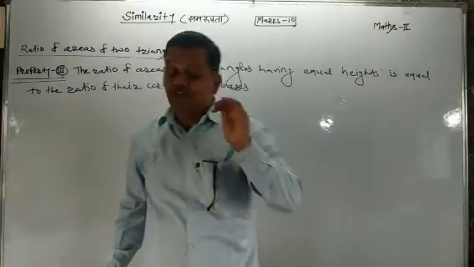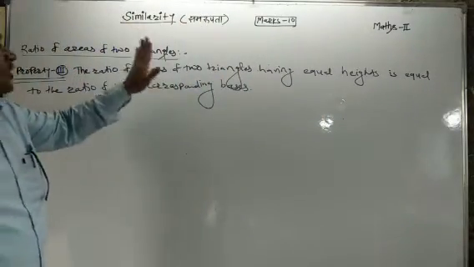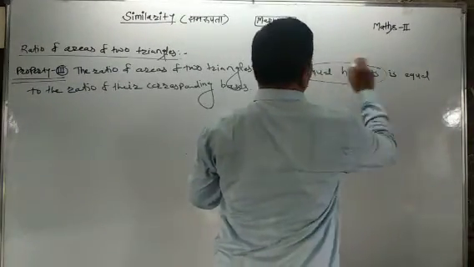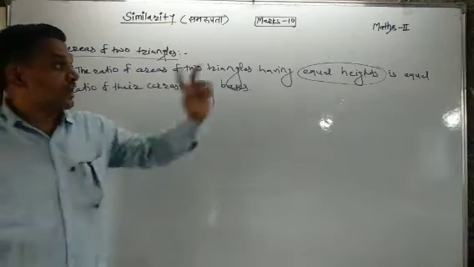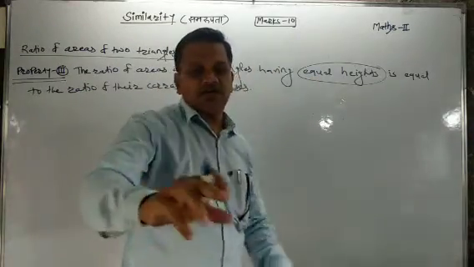Now I am going to write the proof of this statement. Understand? For that I am taking two triangles having equal heights. I am going to draw the figure of two triangles having equal heights and different bases.